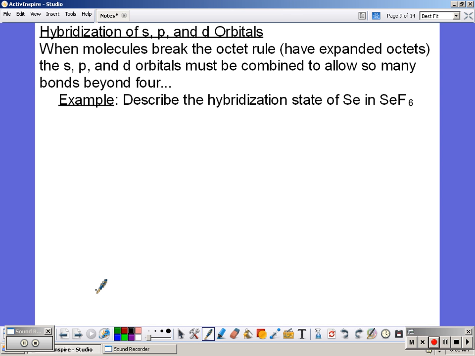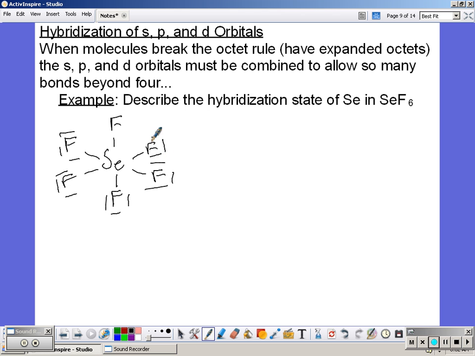So, describe the hybridization state in SeF6. We would draw our structure, and we can see that selenium is going to break the octet rule. It has 6 things around it, so we want our exponents to add up to 6.